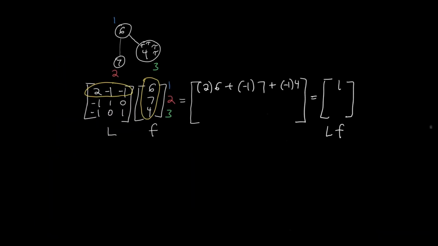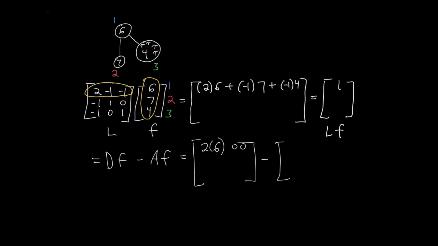Since L equals D minus A, let's rewrite LF as DF minus AF. Let's look at a single row, or node, of LF. We'll perform an operation for matrix multiplication on it.